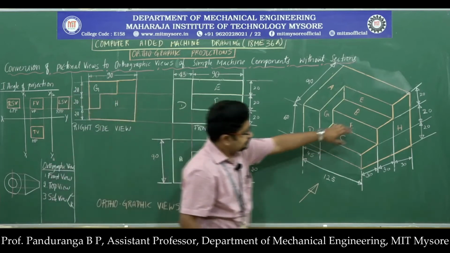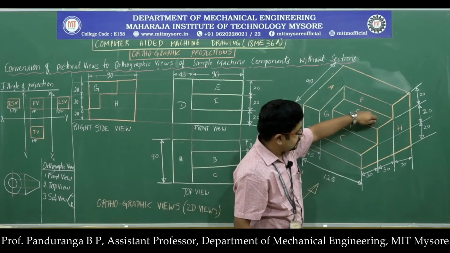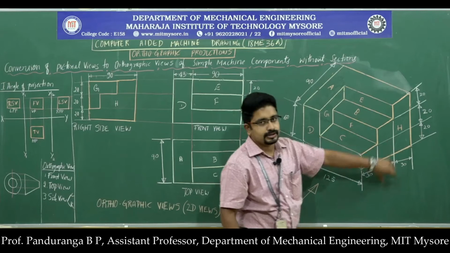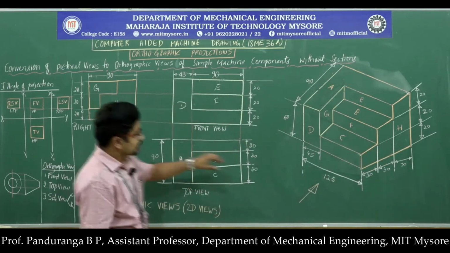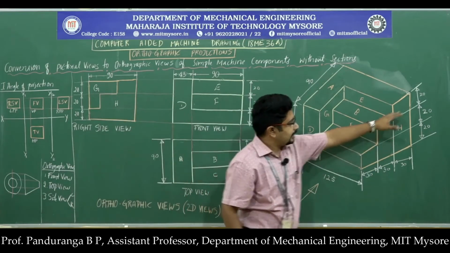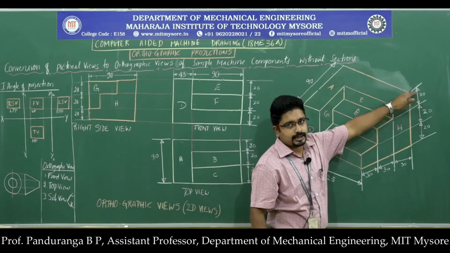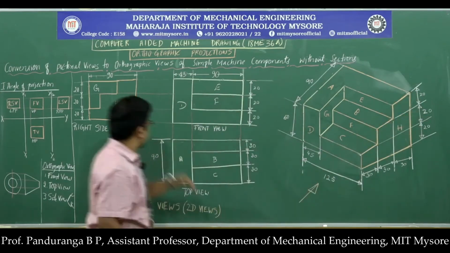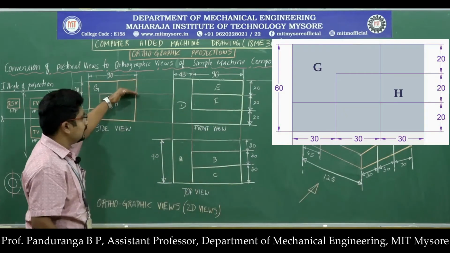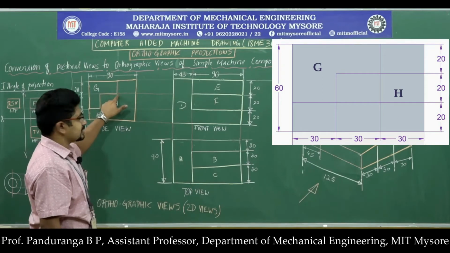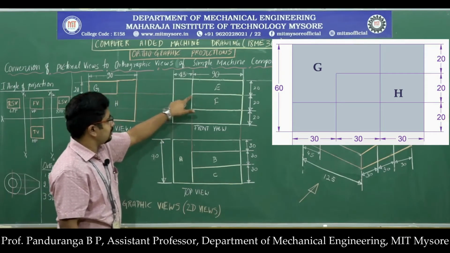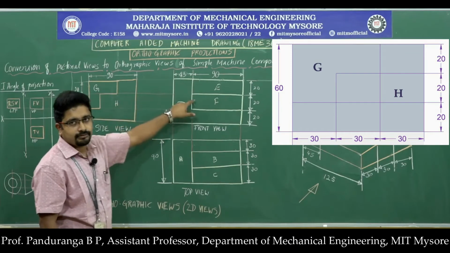From this vertical line I have a horizontal line for a distance of 30 mm. To locate this point, I know it is at a height of 20 mm. So I can measure 20 mm from here and mark this point, or I can project whatever we have written in the front view.